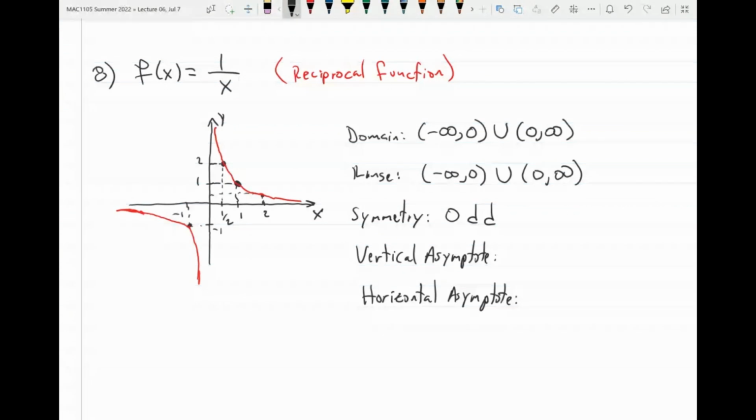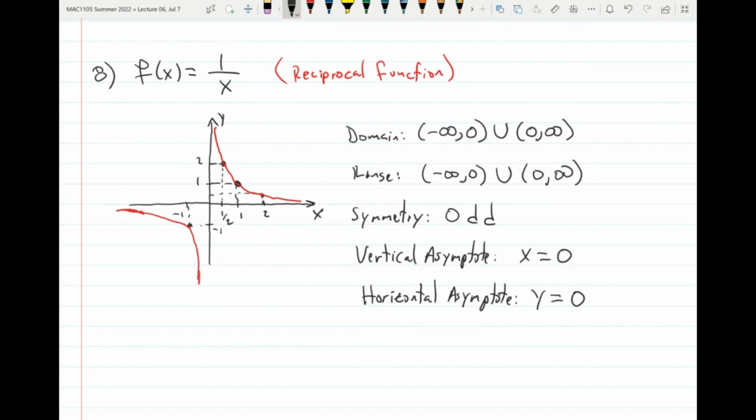What's the equation? x equals 0. Good. And what's the horizontal asymptote? y equals 0. So remember, vertical lines have equation x equals some number. What number? Whatever is the x value that the line goes through. Horizontal lines have equation y equals a number. What number? Whatever value the line goes through on the y-axis. The equation of the x-axis is y equals 0. The equation of the y-axis is x equals 0. Okay?